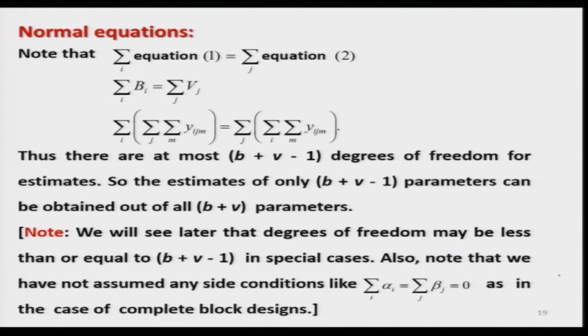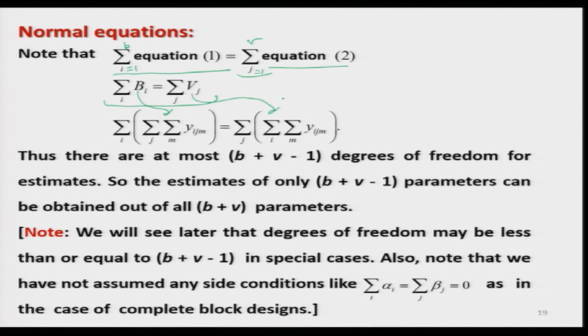Now we are coming to a very crucial point. Try to concentrate and see what is really happening; this is the point where we have to be very careful, and then see how we are going to solve this problem. If you sum equation number 1 over all values of i from 1 to b, and equation number 2 over all values of j from 1 to v, you can write summation over i of B_i equals summation over j of V_j. By the definition of B_i and V_j, this is simply the double summation y_ijm, where only i and j are changing.